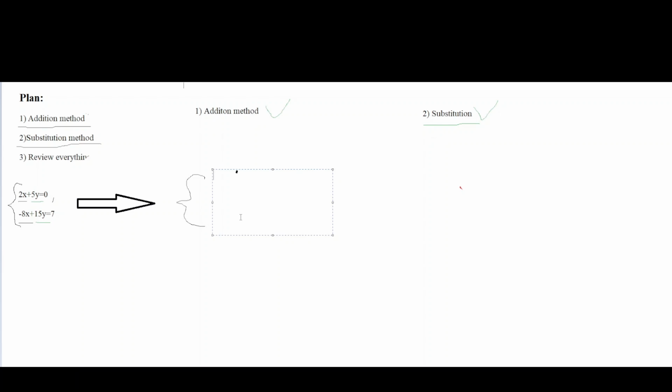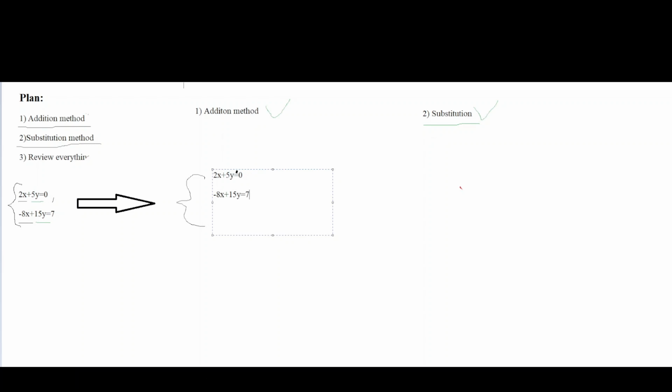We need to free our x. And how are we going to do it? We have 2x plus 5y equals 0, and then minus 8x plus 15y equals 7.